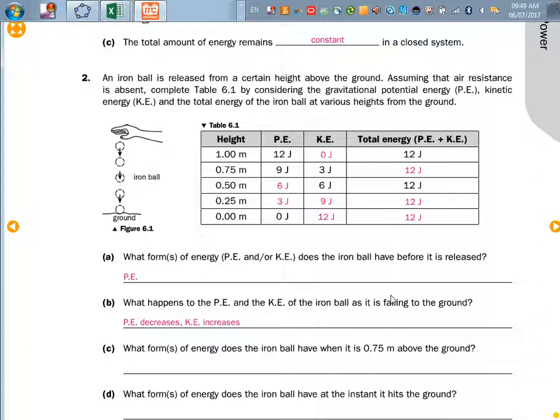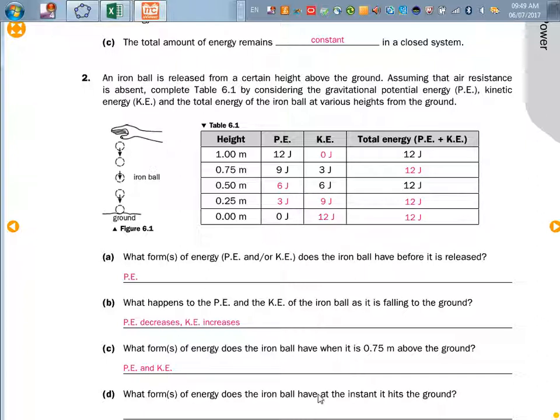Now when it is 0.75 meters above the ground, what type of energy does it have? Yes, both are. Gravitational potential and kinetic. These combined, they are called your mechanical energy. Right? Remember, your potential energy and kinetic energy, they are all mechanical energy.